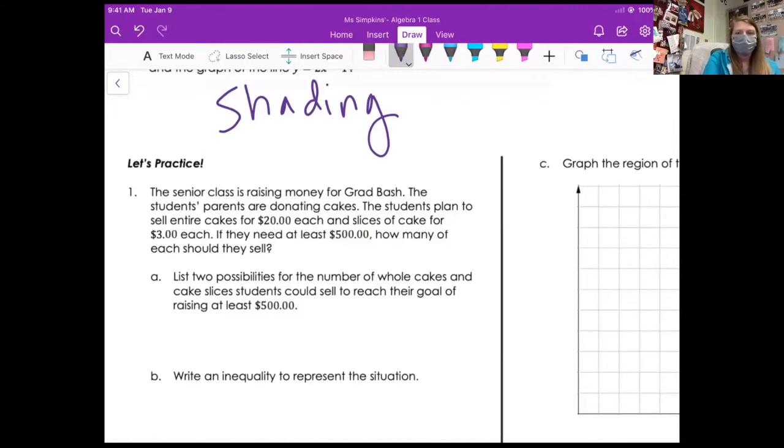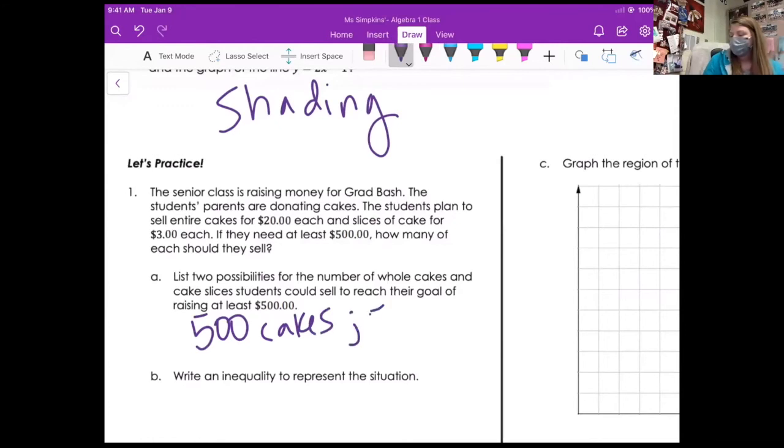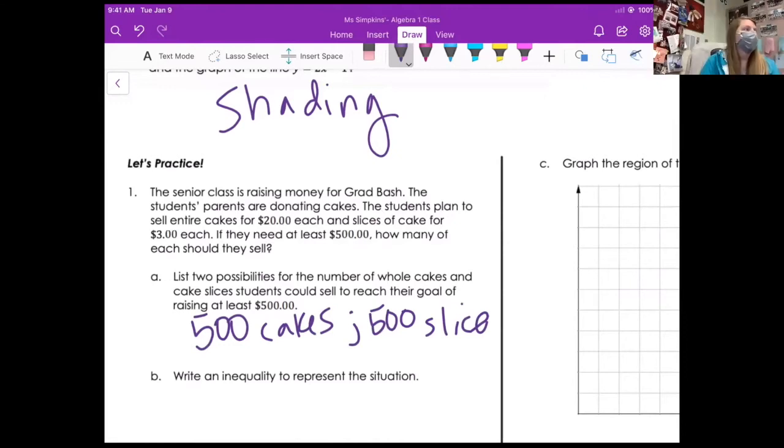Go ahead, Jonathan. You could do 500 whole cakes and 500 slices. Okay, 500 cakes and 500 slices. That would give you a whole lot more than $500. What other combination could you use? 200 cakes and 15 slices.